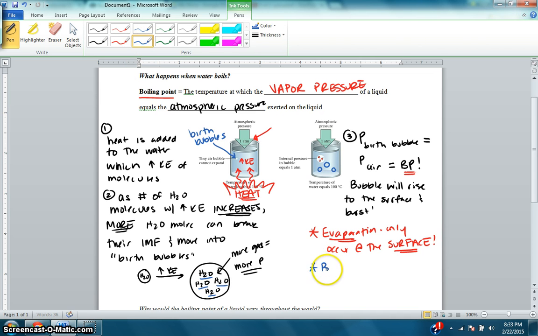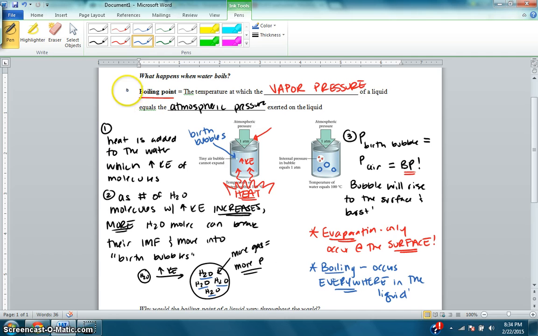Boiling occurs everywhere in the liquid. So that is a huge difference to understand: because these little bubbles are all over our liquid, boiling is taking place absolutely everywhere, where evaporation is only occurring at the surface.